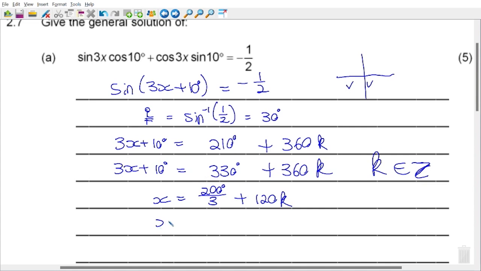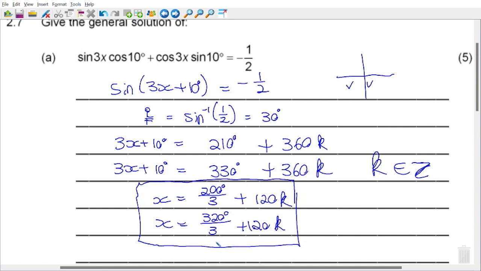And the bottom one becomes 320 over 3 plus 120k. Okay, and that there's my general solution, and I can find as many specific solutions as I want if I'm given a domain.